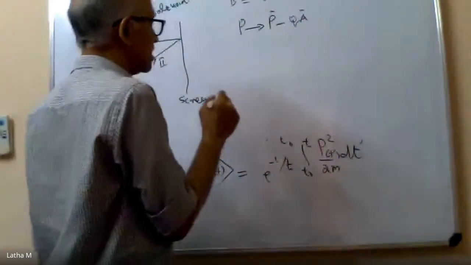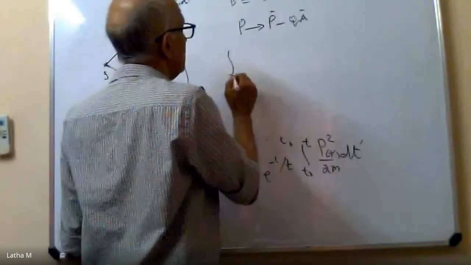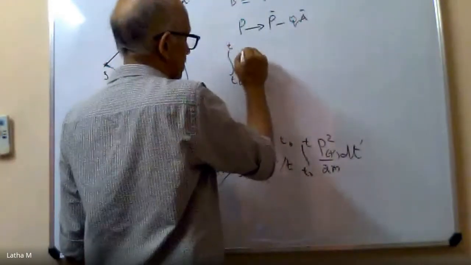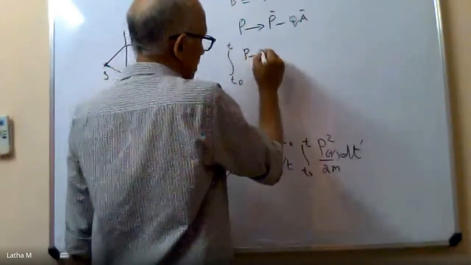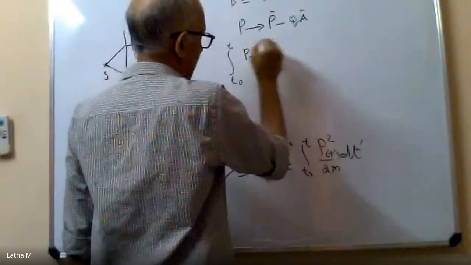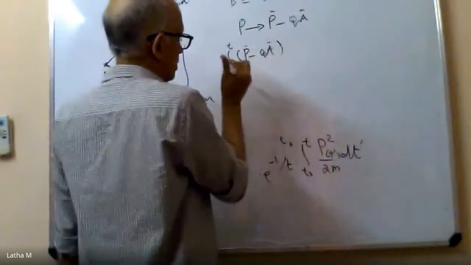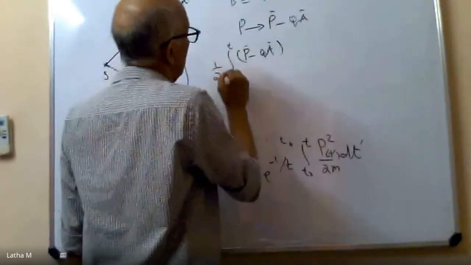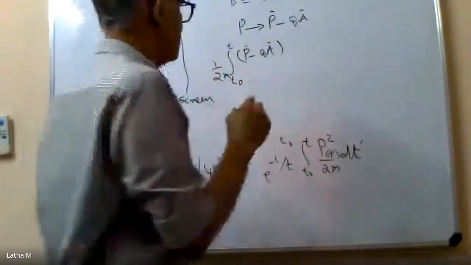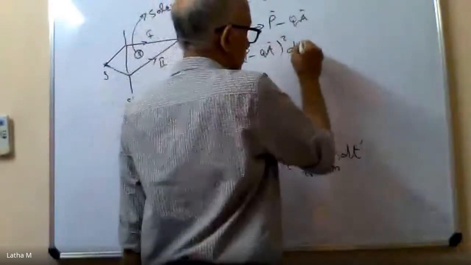Then this integral becomes integral from t0 to t of (P minus qA) square by 2m dt.